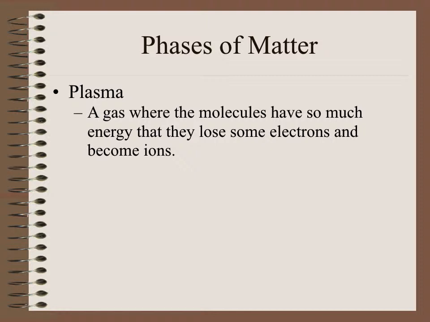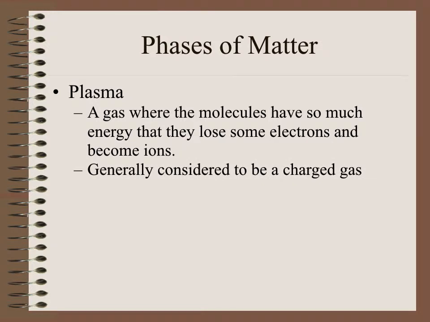So now not only do you have these molecules bouncing around all over the place, you have electrons bouncing around all over the place too. And since you have electrons which are moving, you have electricity going on. So because you have these, in essence, ions, because these molecules no longer have all of their electrons, it's usually considered to be a charged gas.